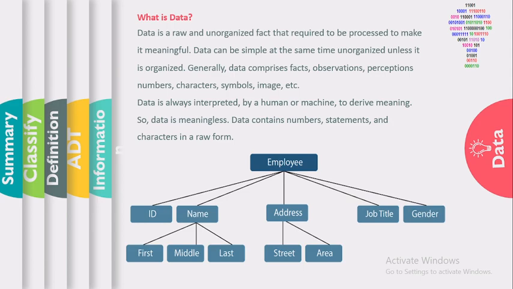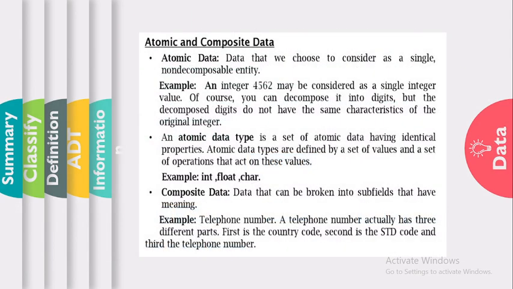Here is an example of data. So first, what is atomic and composite data? Atomic data is data that we choose to consider as a single, non-decomposable entity. An example of atomic data is the integer 4562, which may be considered as a single integer value.